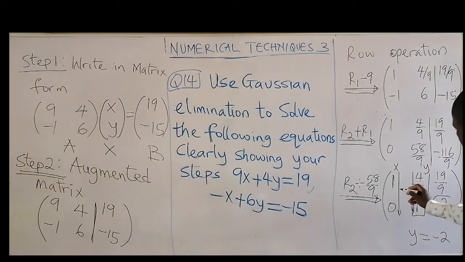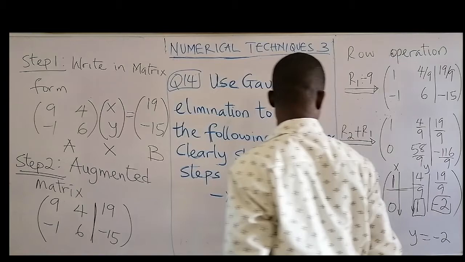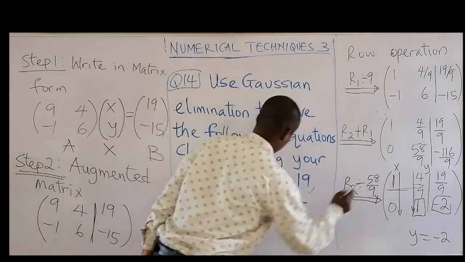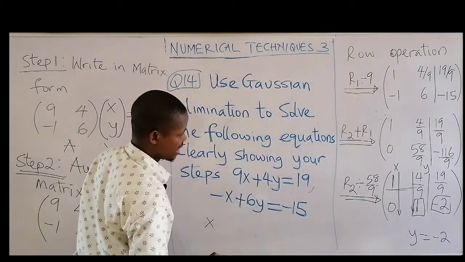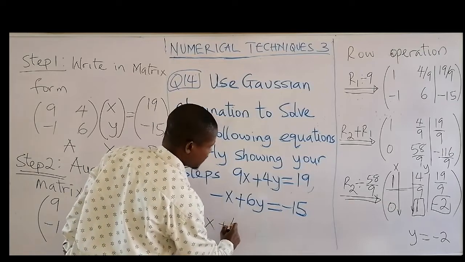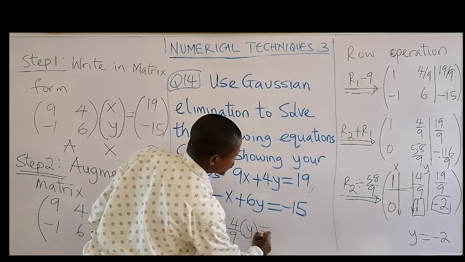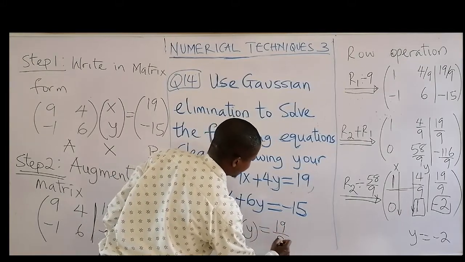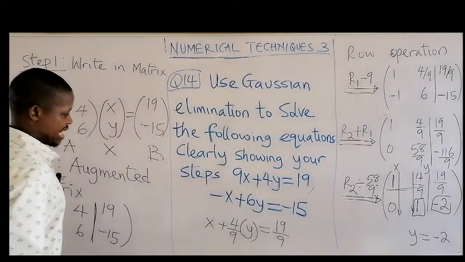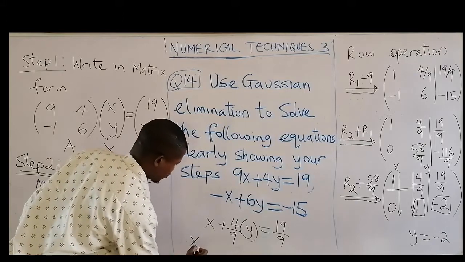Then go to this first row. It implies that 1 times x, that's x, plus 4 over 9 times y equals 19 over 9. And we have y as minus 2.